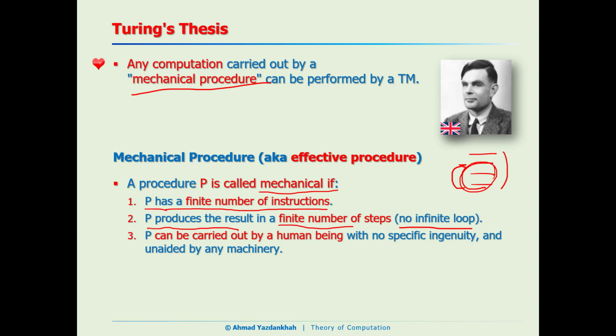And this procedure P can be carried out by a human being with no specific ingenuity and unaided by any machinery. So any regular person without any special skill should be able to handle that. Okay, so if a procedure has this specification, it is called mechanical procedure, and Turing is saying that this kind of procedures can be handled by a Turing machine.